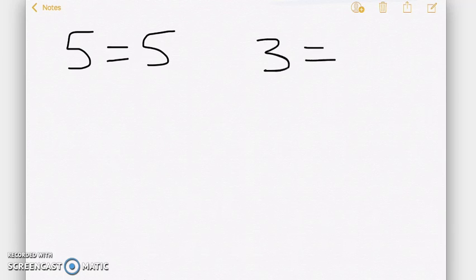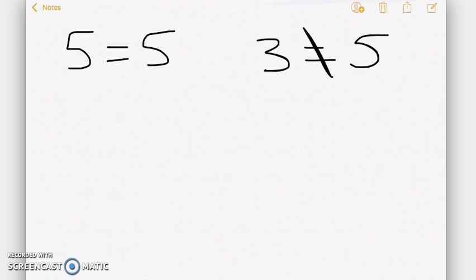You want both sides to be balanced or equal. Now if we take this to numbers, we have 5 that equals 5, which is equal. And like our other one, when we have 3 equals 5, that's not equal. Using the same example, we're putting it in equation form.